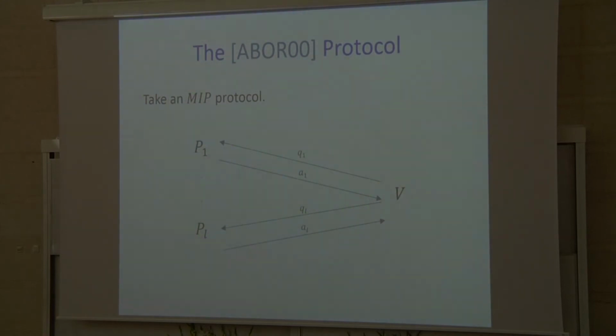Good. So what was the suggestion of Aiello et al.? Let me just remind you, the idea is to take an MIP together with an FHE to obtain a delegation protocol. So we start off with an MIP protocol. We have our verifier and we have our L provers. And the first thing that I want to do is encrypt each one of the queries. So just a one-round MIP, you send your queries, you get back answers. The first thing that I want to do is have the verifier encrypt its L queries.